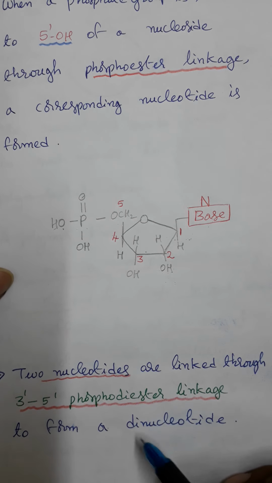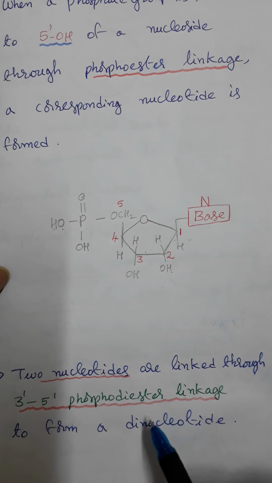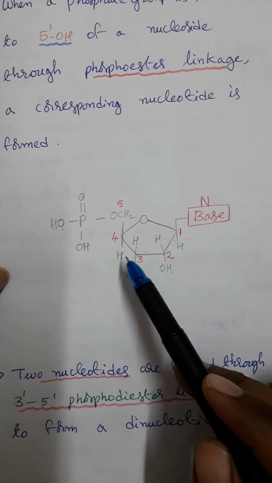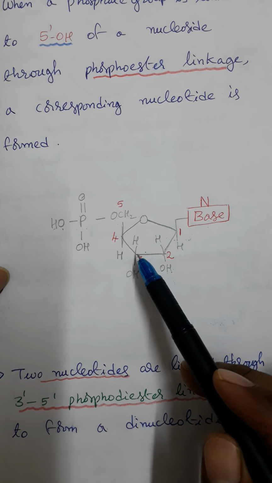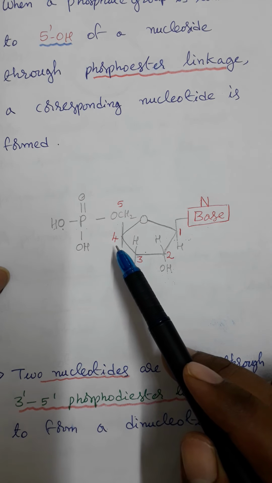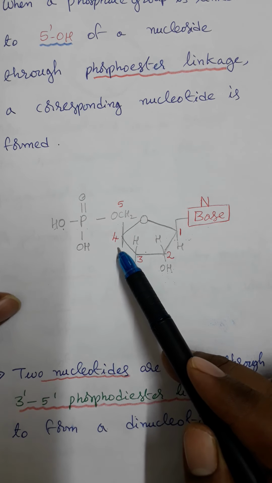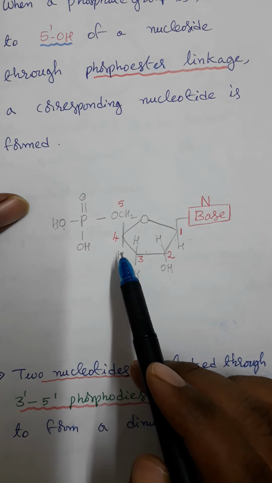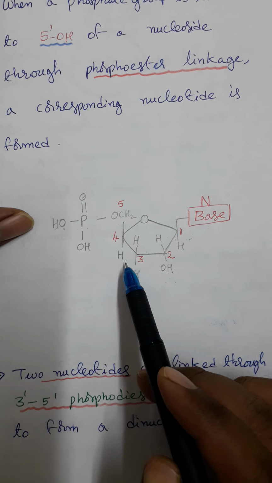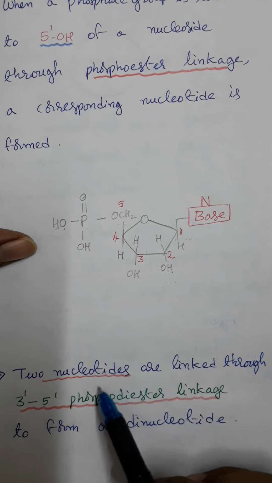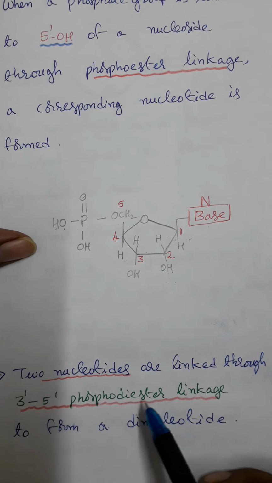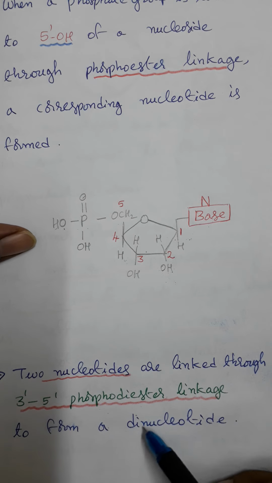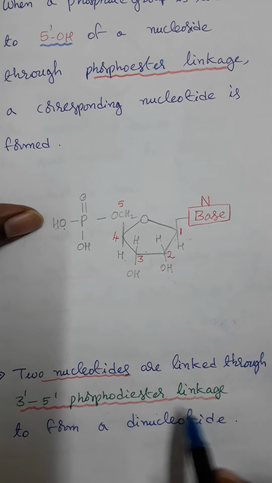So in between the two nucleotides, which bond is present? Phosphodiester linkage. Whereas at the terminal end of the nucleotide chain, phosphoester linkage is present, whereas phosphodiester linkage is present in between the succeeding nucleotides. It must be remembered.